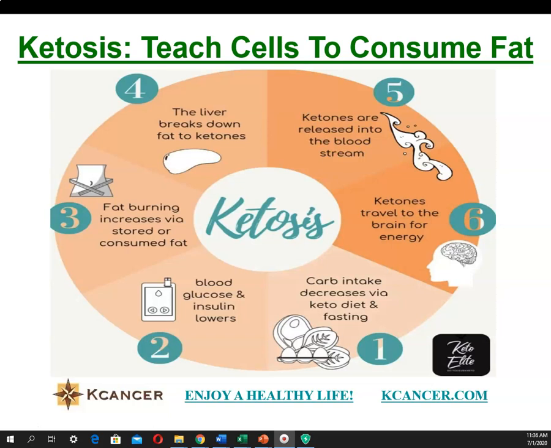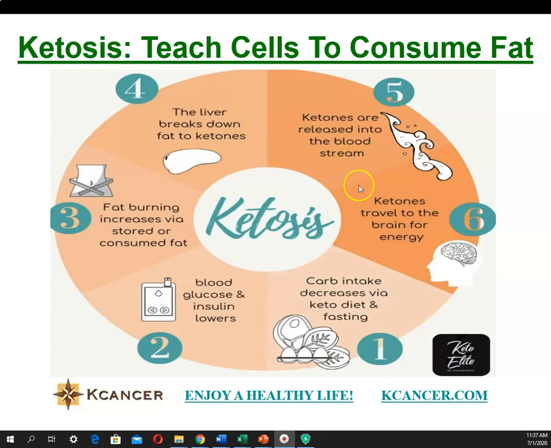If you train your body by taking in a high amount of fat, the body will turn on ketosis, so your body always has this energy source and uses ketones as its energy source.